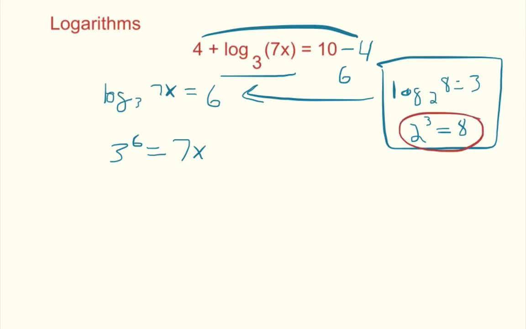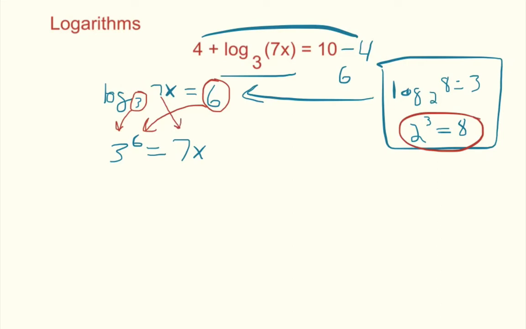We just converted that, and we're able to get the logarithm out and make the equation much easier to see. If you're new to logarithms and you want it broken down further, all we did was take the 3 and make that the base. We took the 6, made that the exponent, and then we knew that that was equal to 7x.